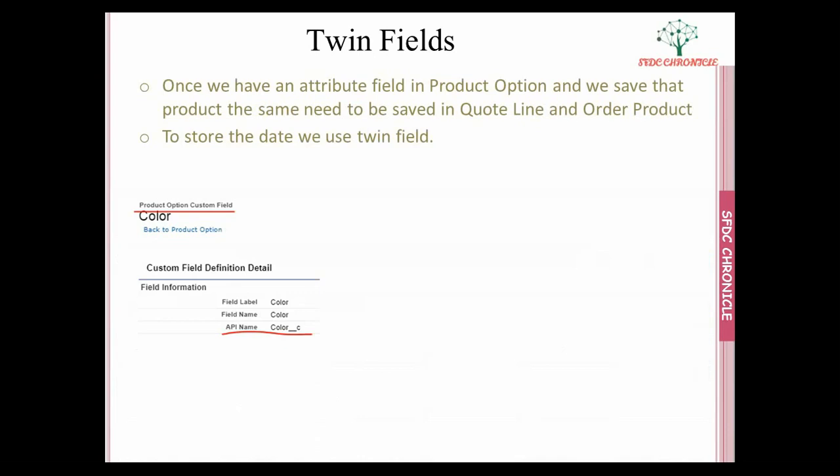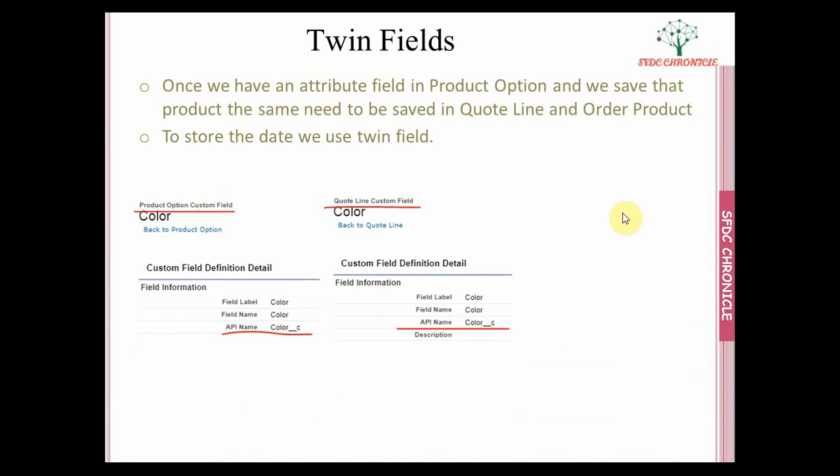For that, we need to create the same field in our quote line with the same API name. This is the catch: we need to create it with the same API name, and only then will our CPQ understand that we need to store this attribute value on our quote line in this particular field.